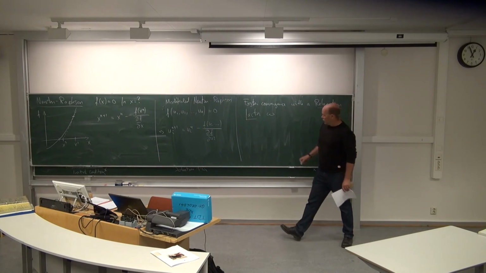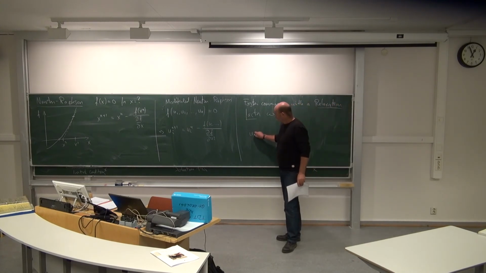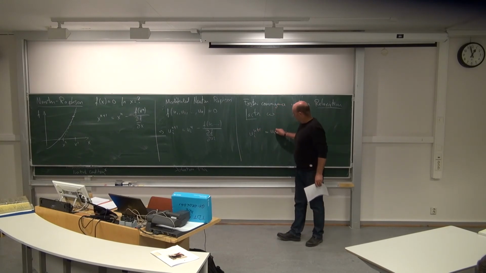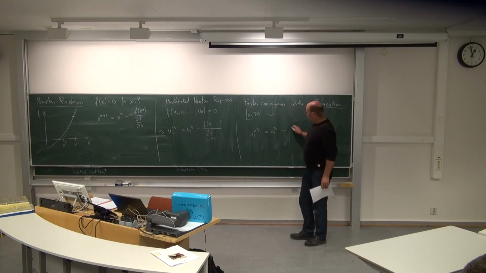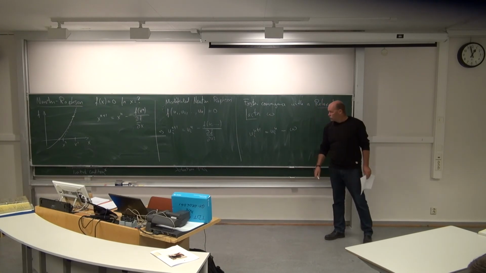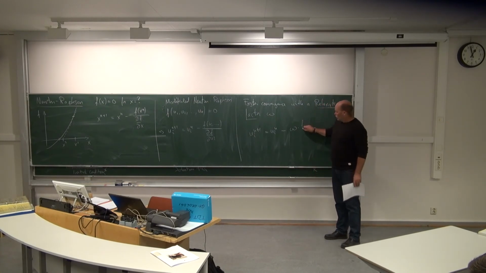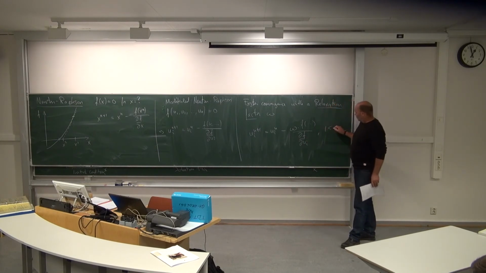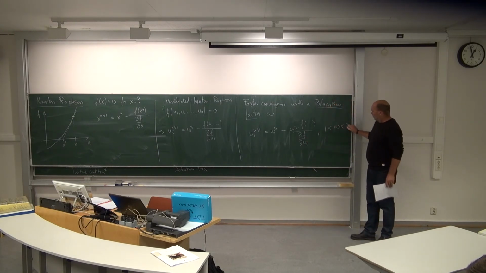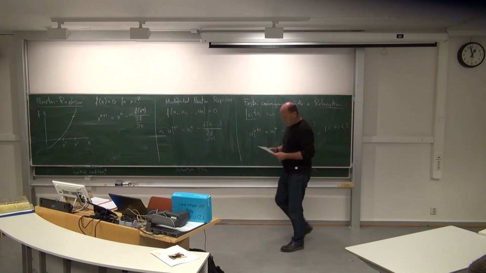So the recipe will be exactly the same, and then we say omega, and just multiply the last term with this omega. Omega should be between 1 and 2 in general.